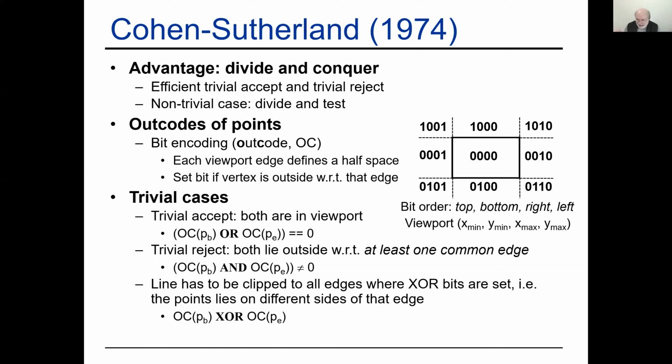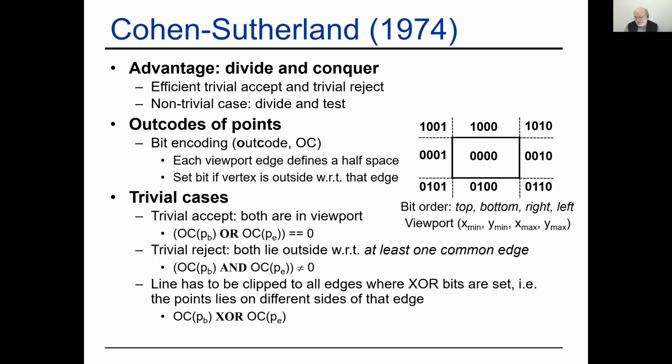If any of those bits are set, that means both points are outside with respect to the same edge. By definition, that means any point in between is also outside with respect to that edge. So we don't need to look at that line at all, because we know it is completely outside, and we completely skip it. We can directly go to the next primitive. We can completely forget that.